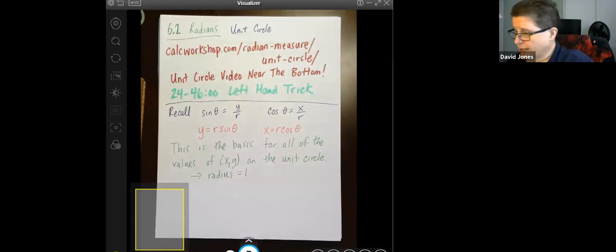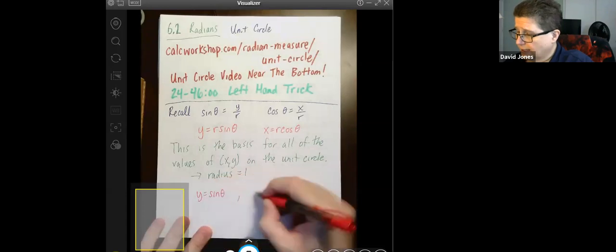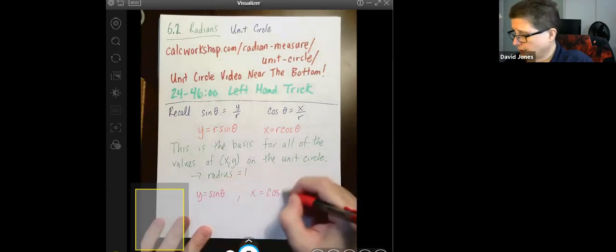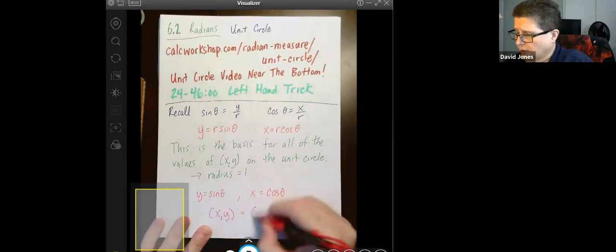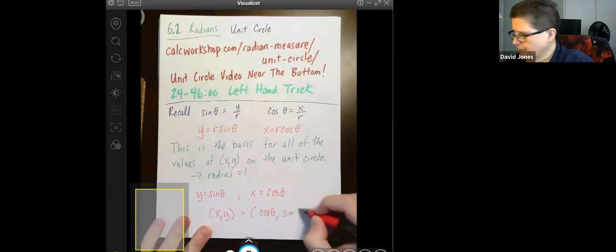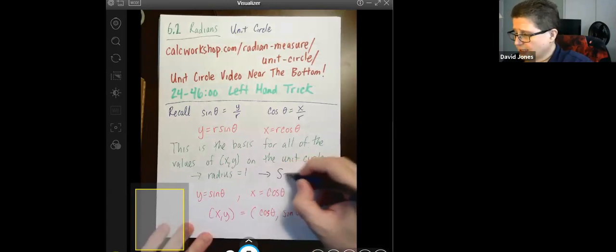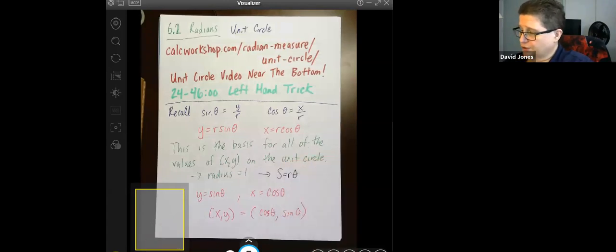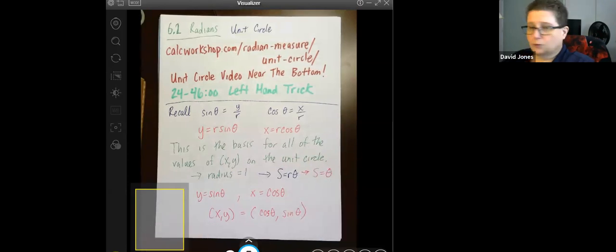Which means we end up with y equals sine theta, x equals cosine theta, and so (x, y) turns into (cosine theta, sine theta). Okay? And also this forces s equals r theta to turn into s equals theta. Arc length equals the measure of the angle, which is kind of neat.